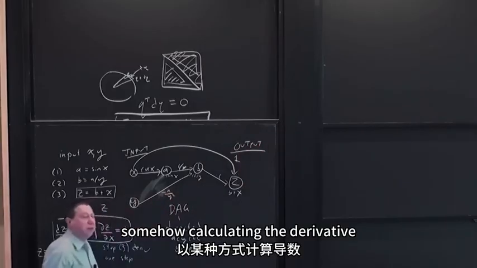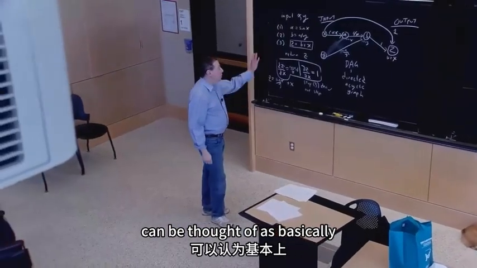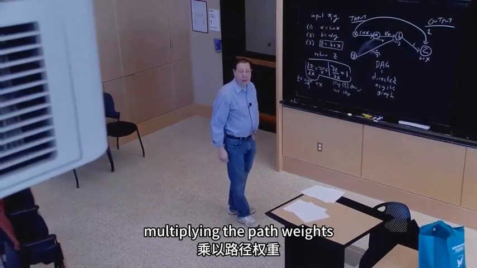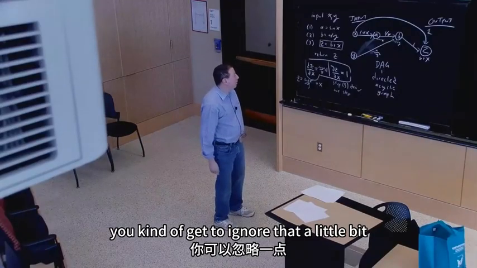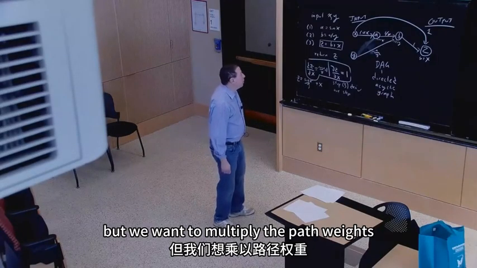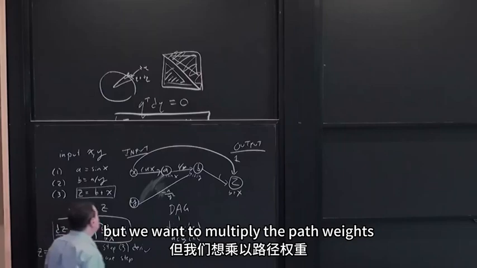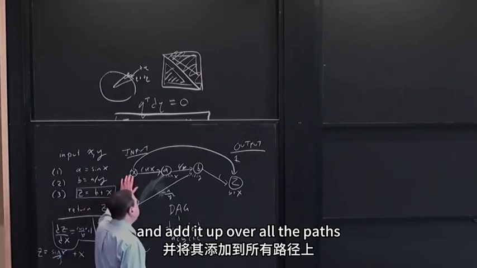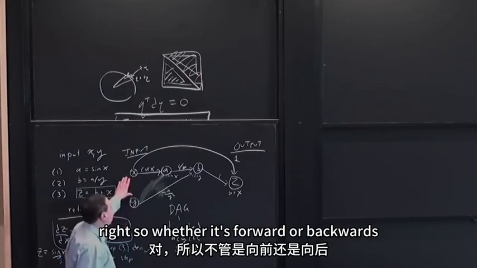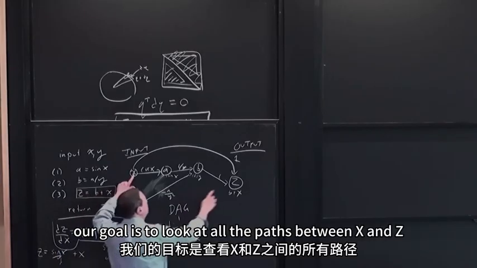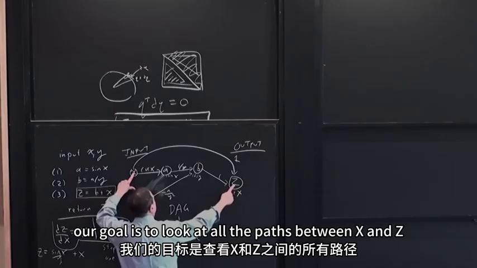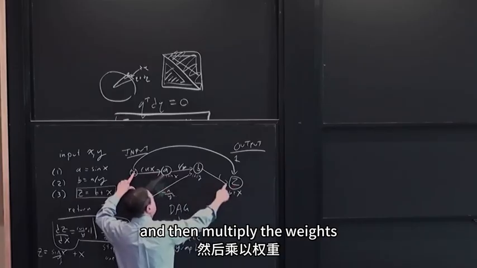Somehow calculating a derivative can be thought of as basically multiplying the path weights. If these were matrices, you have to do it in the right order. If it's scalars, you get to ignore that a little bit. But we want to multiply the path weights and add that up over all the paths. So whether it's forward or backwards or any other way, our goal is to look at all the paths between x and z and then multiply the weights.